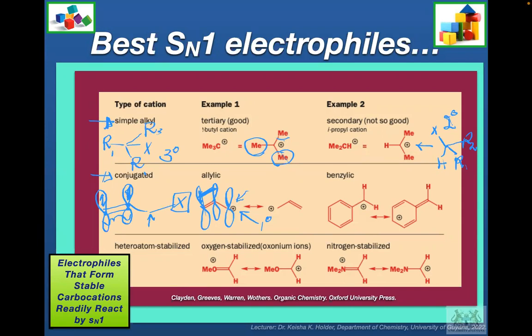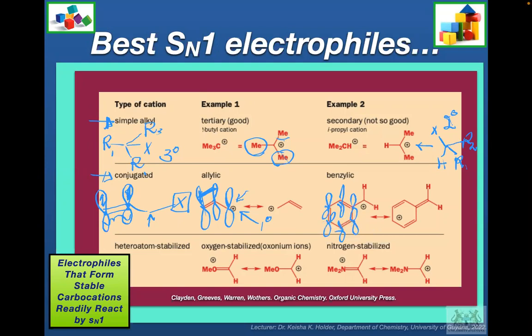In a similar situation, we have that recurring with the benzylic carbocation. So here is the benzylic carbocation that shows us a pi system. In this case, it is 6 p orbitals that contain 6 pi electrons.